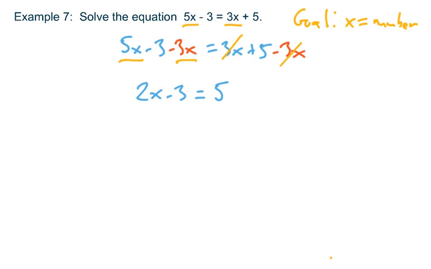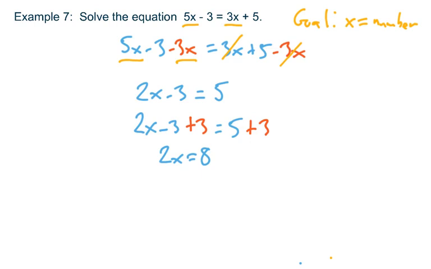And now we're back on more familiar ground, still using the principle of balance. Get rid of the subtraction first. So 2x minus 3, add a 3, opposite operation. 5 plus 3, whatever you do on one side, you do on the other to keep it balanced. 2x is equal to 8.